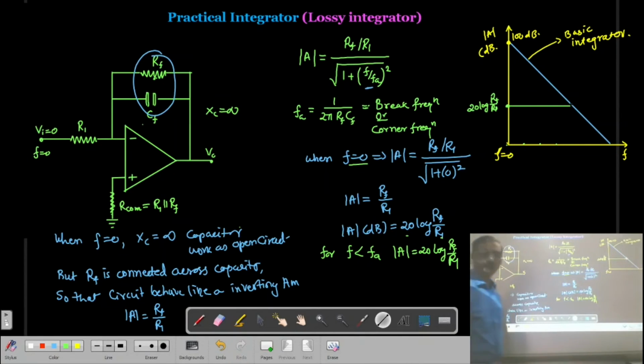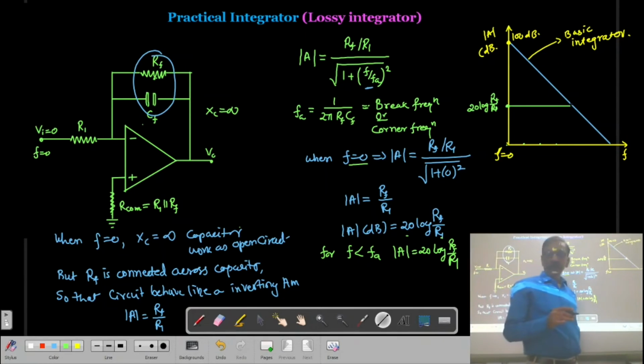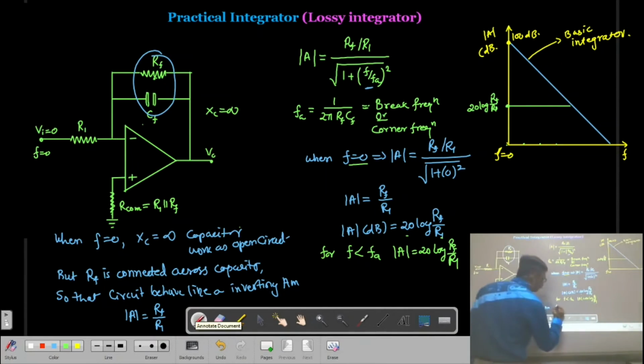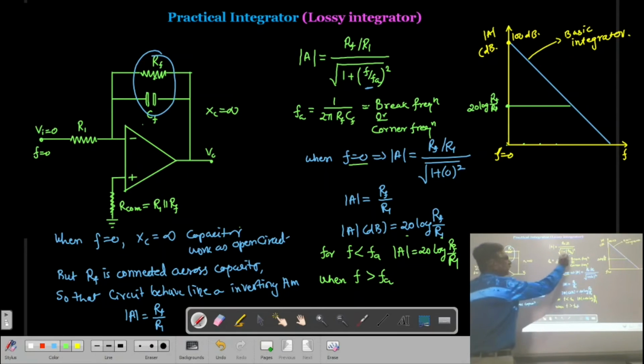Like this. But now, when the frequency is greater than FA, you can calculate that as the frequency increases, the gain of the amplifier goes on decreasing.